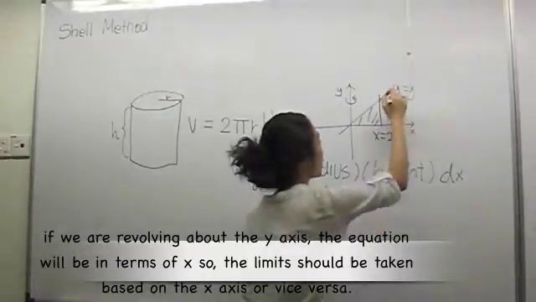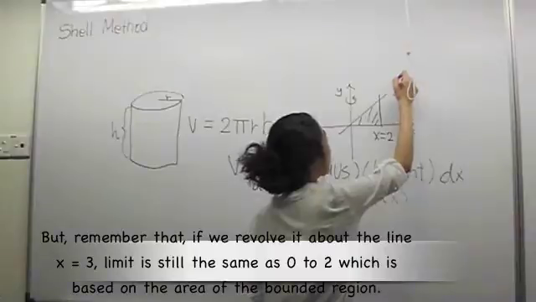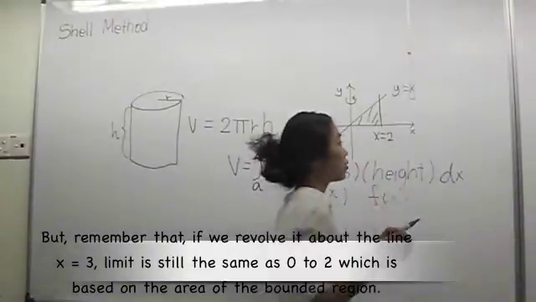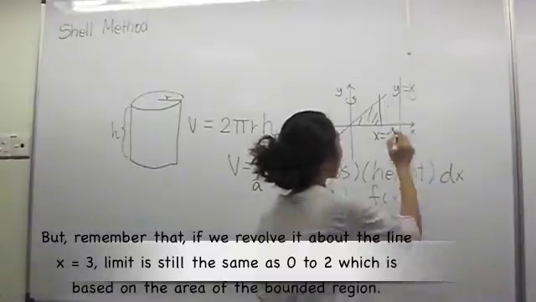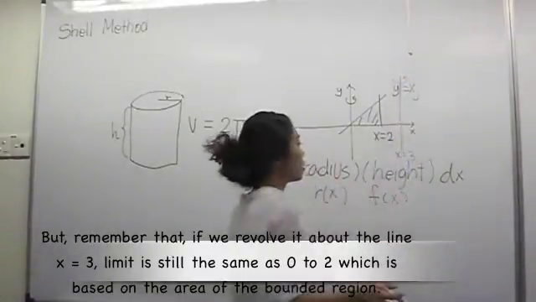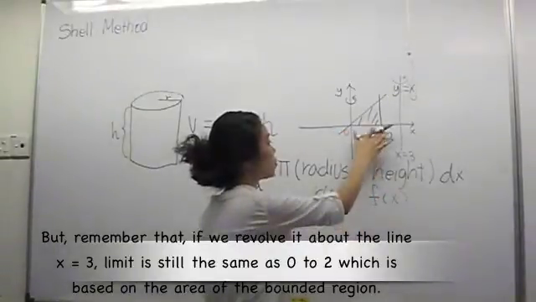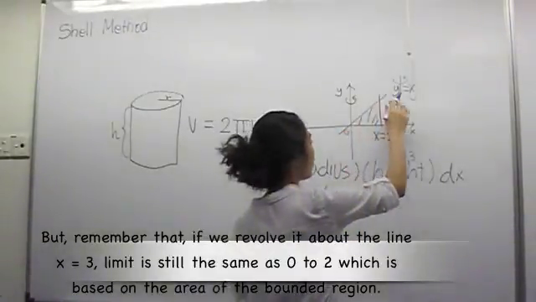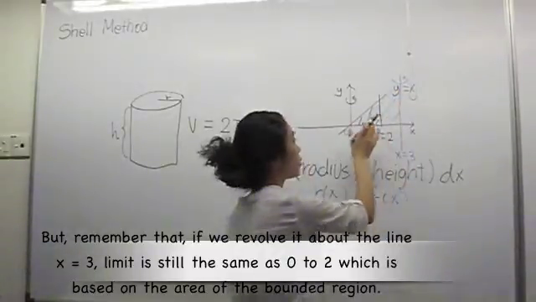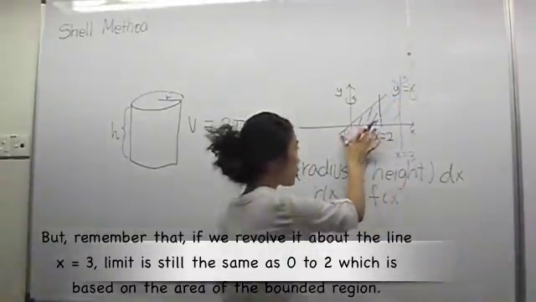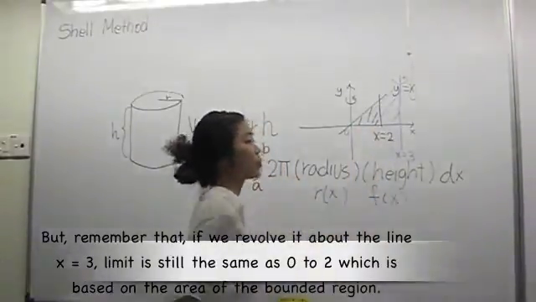And remember that even if we are revolving the line x equals 3, the limit is not from 3 to 0. It is from 2 to 0, because we are not revolving this whole part, right? We're revolving only 0 to 2. So the limit will remain the same, 2 to 0.